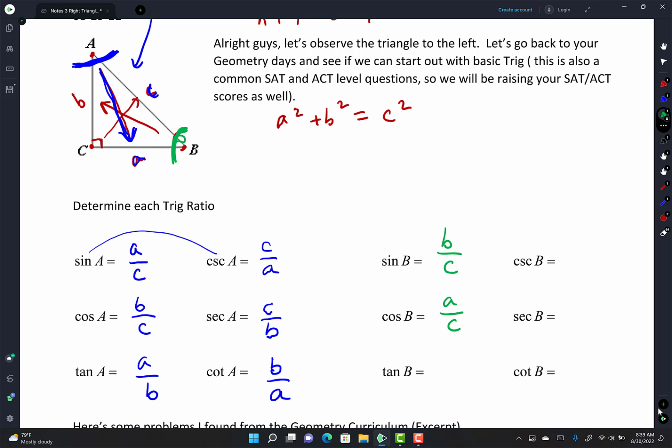Tangent B. Tangent is opposite over adjacent. So B over A. Cosecant B is the reciprocal of sine.